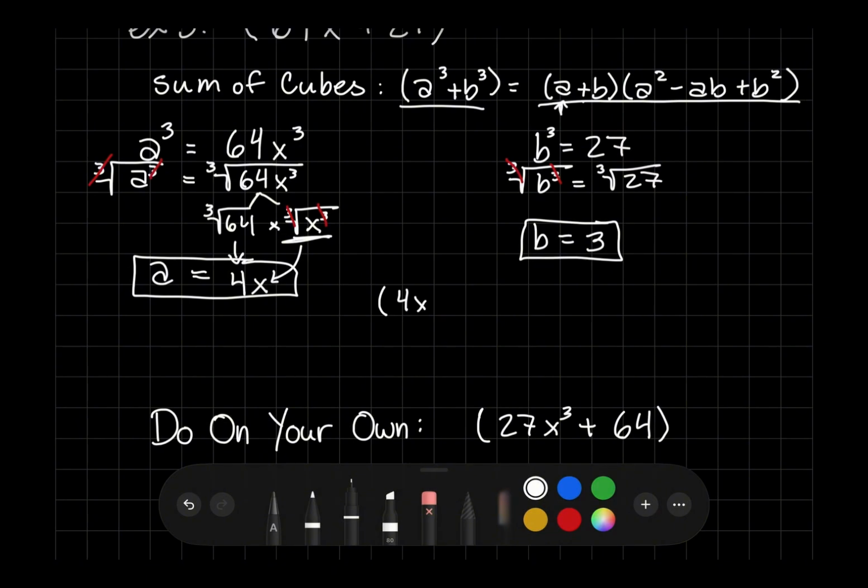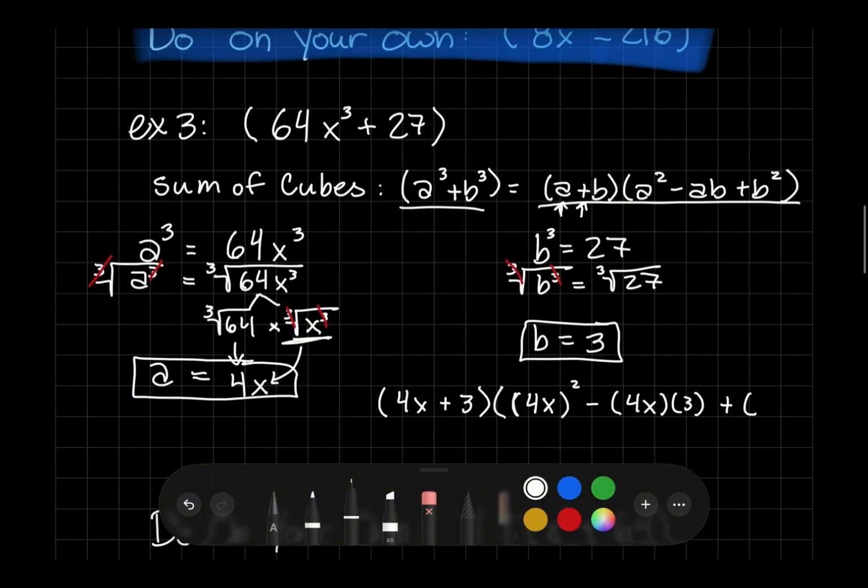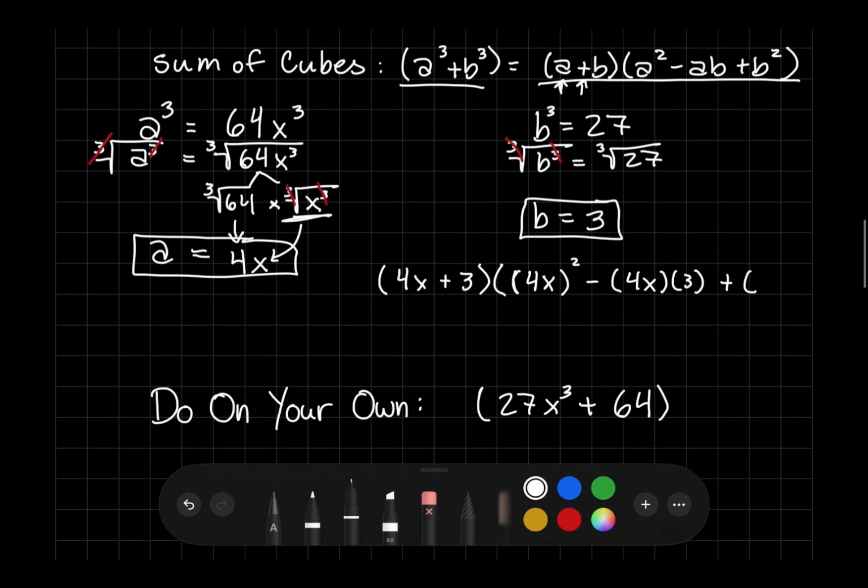Our next part is plus b, which is 3, times a squared. Remember, do not forget those parentheses when you are plugging in things with an exponent, minus a times b, so it's going to be 4x times 3 plus b squared, which is 3 squared.